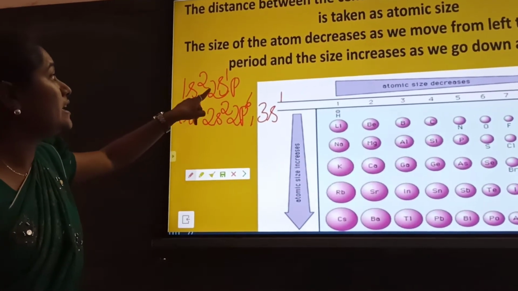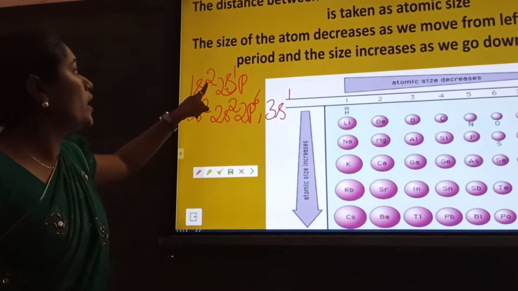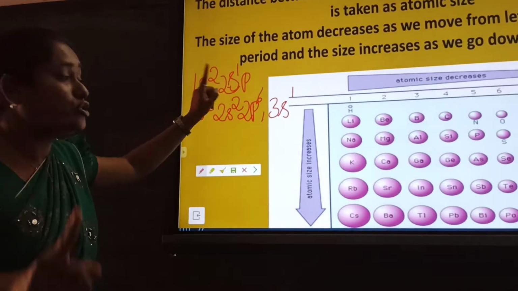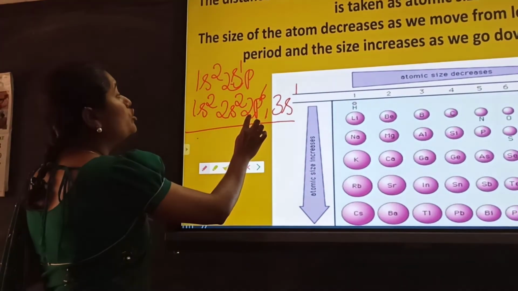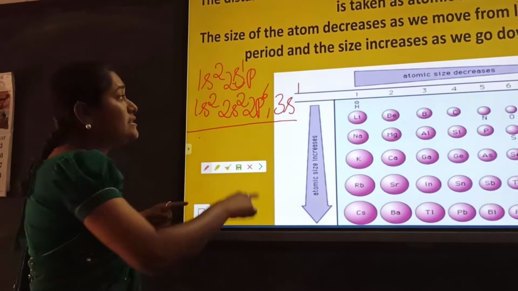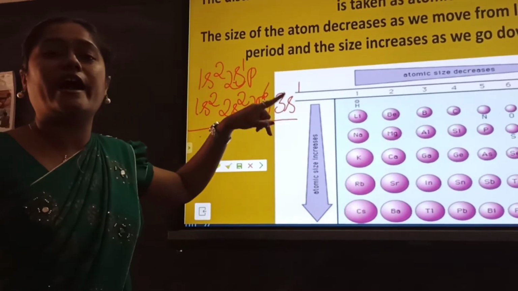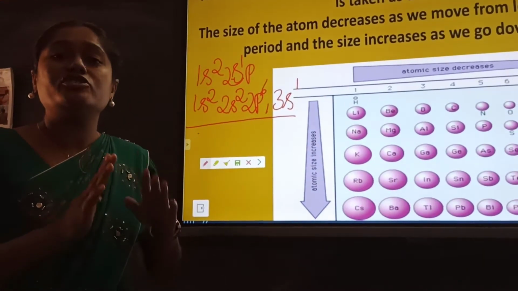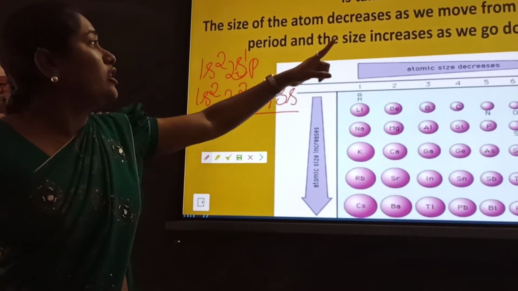In lithium you have 1s2 and another shell, only 2 shells. But in sodium you have 1s2, 2s2, 2p6 and 3s1. So here you can see that the number of shells has been added, whereas we did not see this earlier as we go along the period.